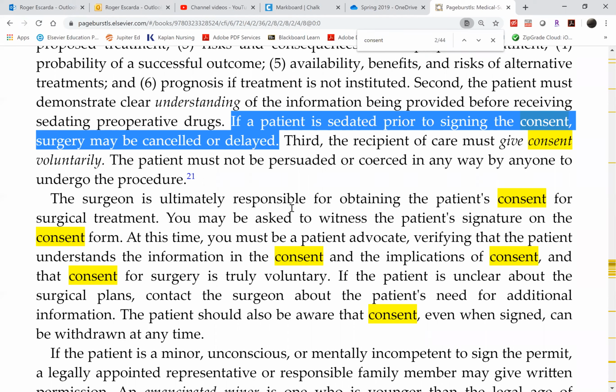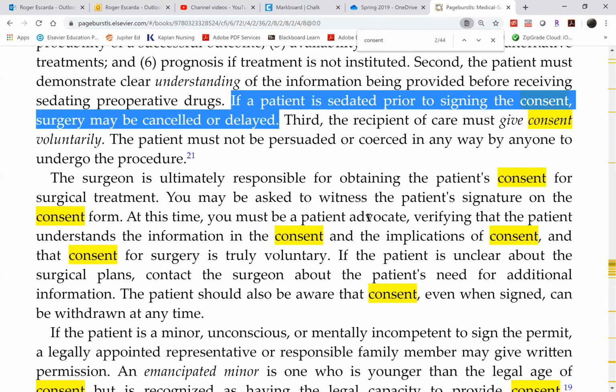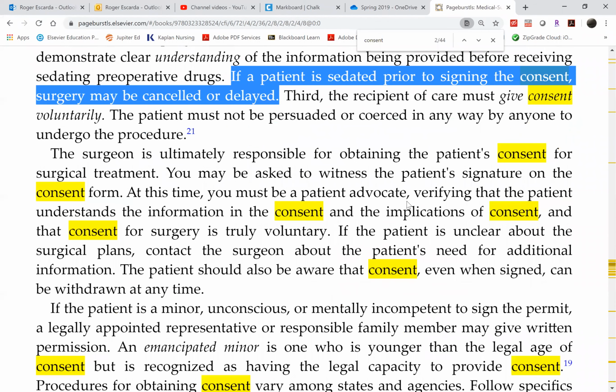No, because they're under the influence. Right, because we can't verify whether they were really still there, since you've already given the medication. All right, so those are possible scenarios.